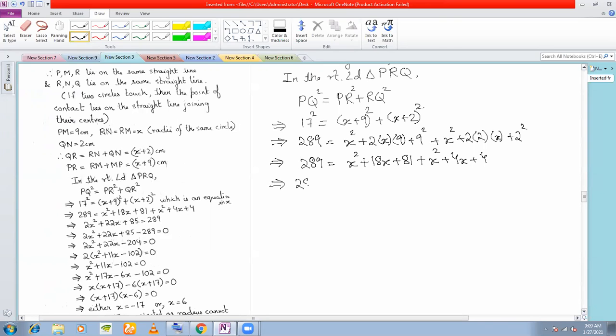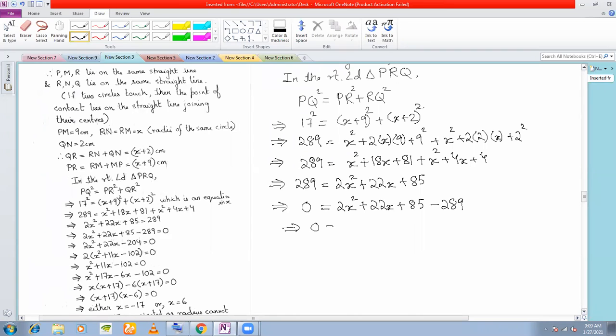So you have 289 is equal to x square plus x square will give you 2x square. 18 plus 4 will give you 22x. And 81 plus 4 will give you 85. You bring 289 on the other side, so this will become 0. So you get 2x square plus 22x plus 85 minus 289.